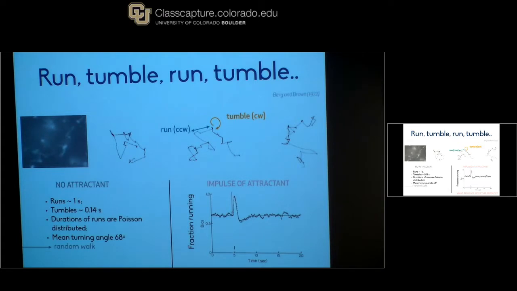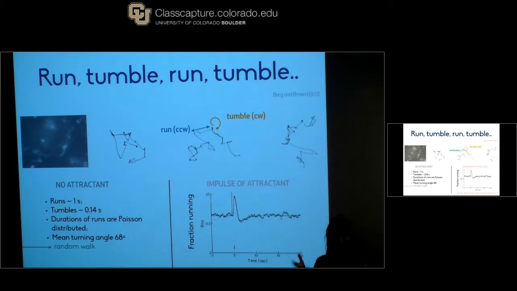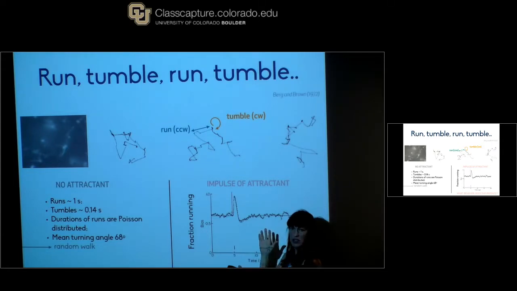The extent of this increase is about 1 second. And then transiently, you have a decrease with respect to the baseline. So it means that with respect to the equilibrium, more bacteria reorient. And then they get back to the original baseline.